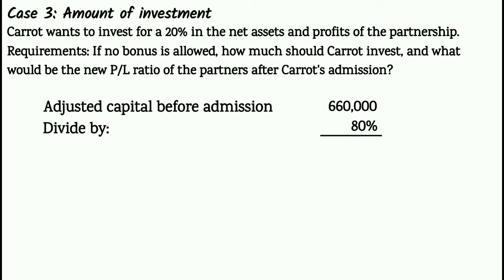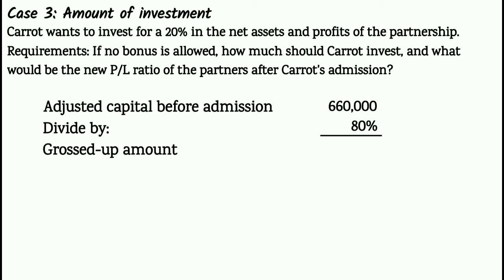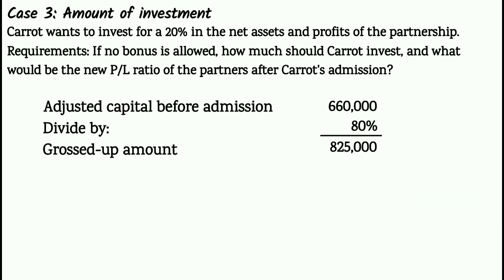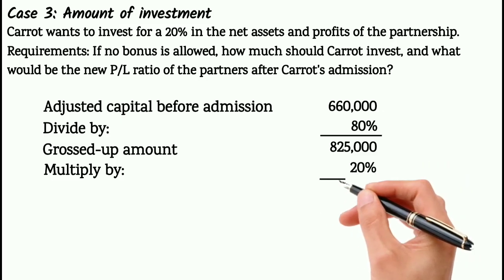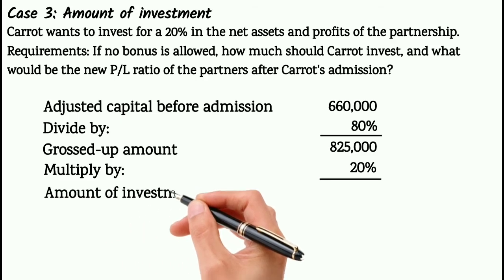We divide the 660,000 pesos by 80% to get the grossed up amount. 660,000 pesos divided by 80% is equal to 825,000 pesos. After that, we multiply the 825,000 pesos by 20% to get the amount of investment.